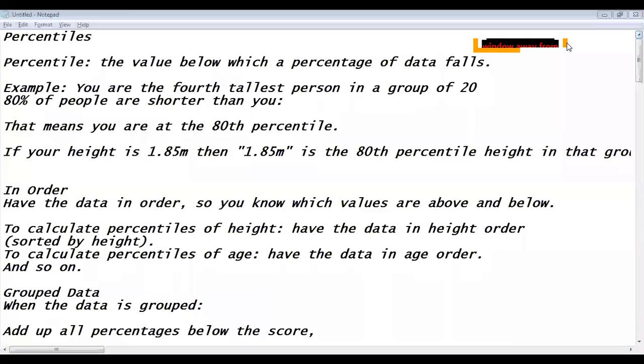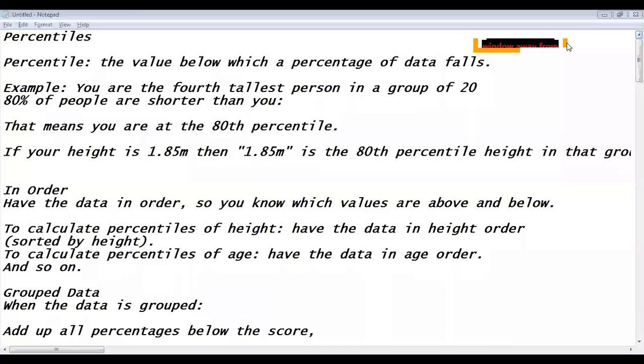So if you are the fourth tallest guy, then 80% of the people are shorter than you. It means you are in the first 20% of the entire population, and the remaining 80% of the people are shorter than you. That means you are at the 80th percentile.